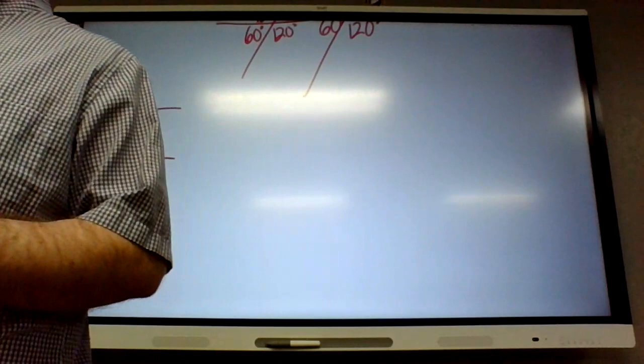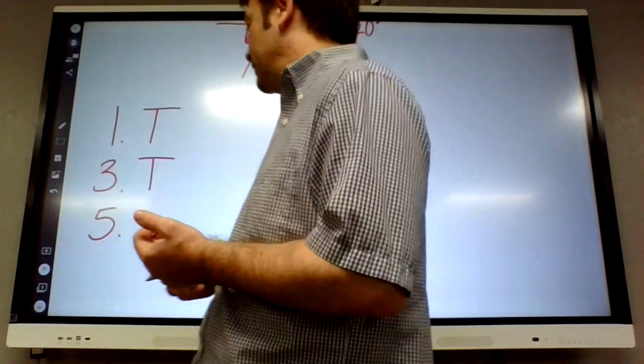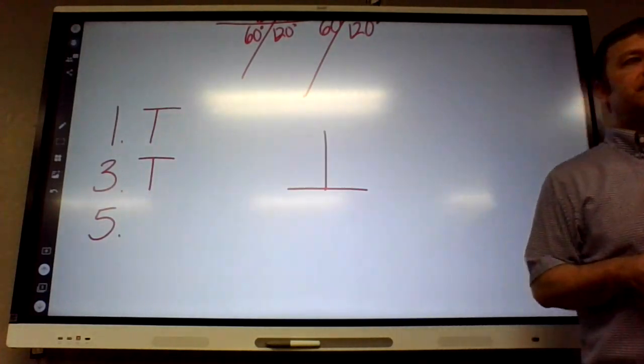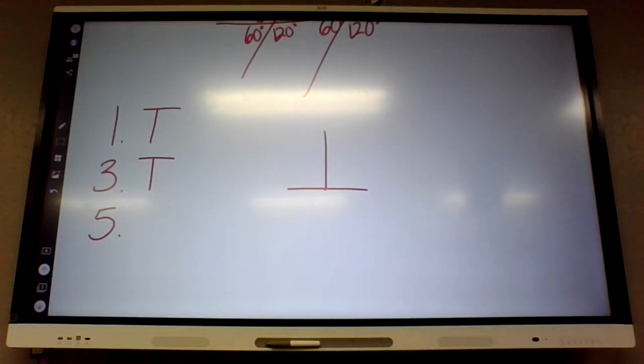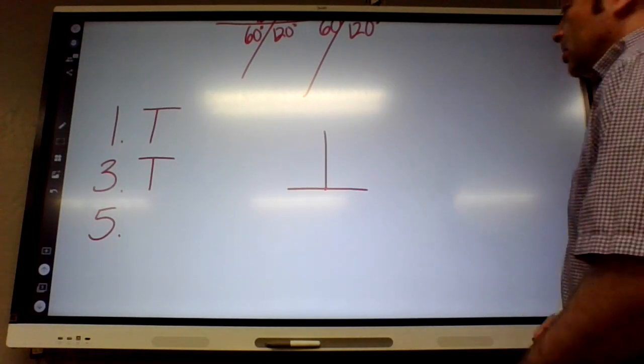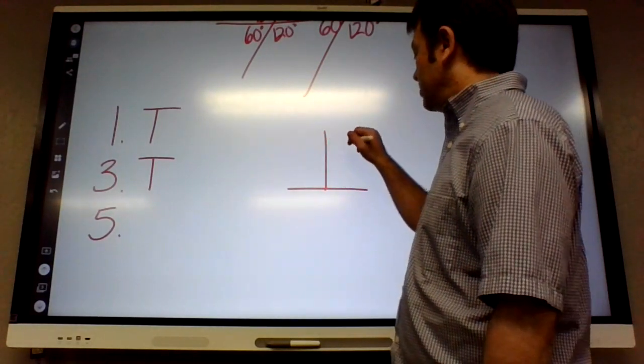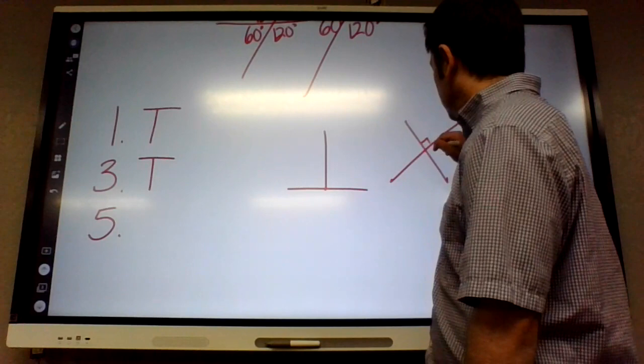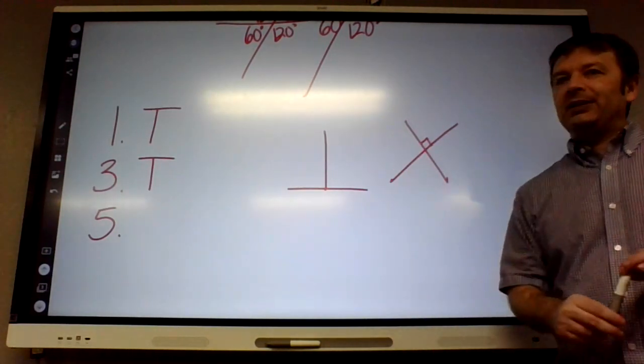Okay, number 5. Do you guys remember what that symbol meant on number 5? What's that symbol mean? It's like the opposite of parallel. What's the opposite of parallel? Intersect. Okay, it's called perpendicular. And what do we know about perpendicular lines? They're not parallel. They cross at 90 degrees.